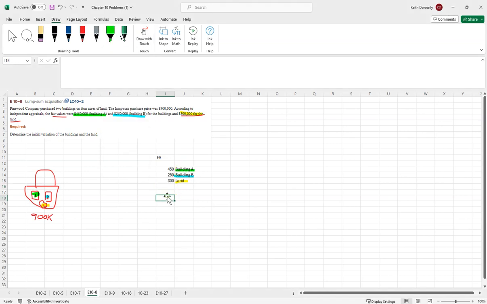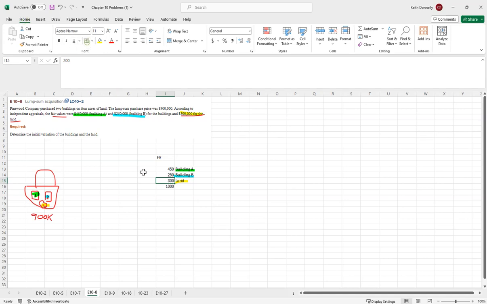All right, here's the deal. If you were to just sum these guys, 450 plus 250 plus 300, you can see it's 1,000 total. So if we were to get the percentage of total fair value, this isn't that bad.